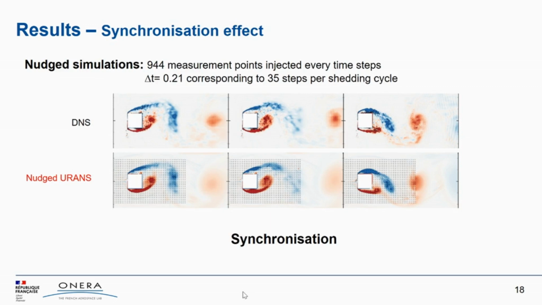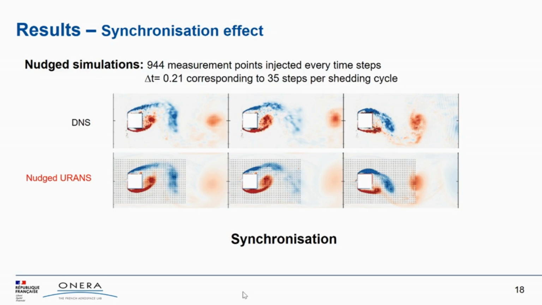So I will now present the results, and typically here, these are the results of nudged URANS simulation using more or less 1,000 measurement points injected around the square cylinder, so a bit in the wake and also a bit upstream. And they are injected every time step being 0.21 here and correspond to 35 steps per shedding cycle.